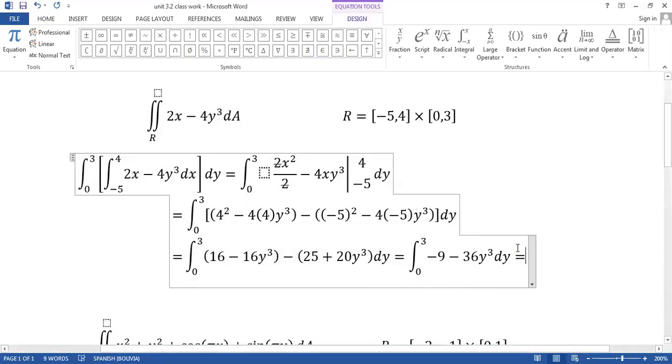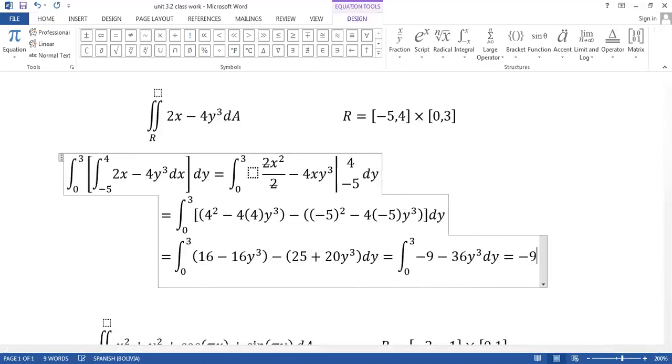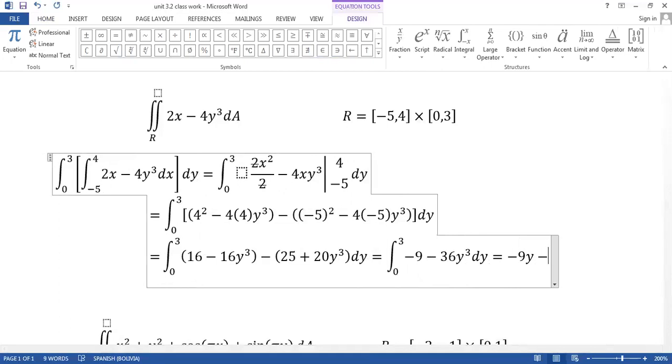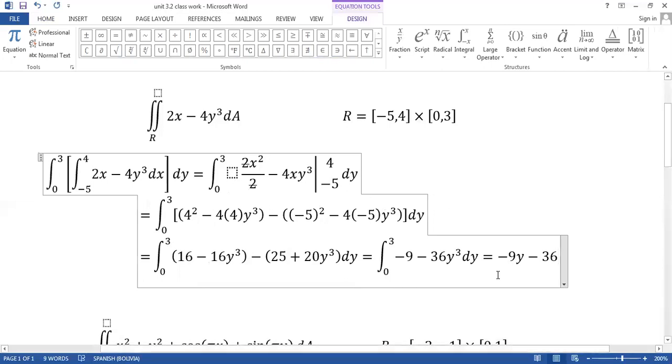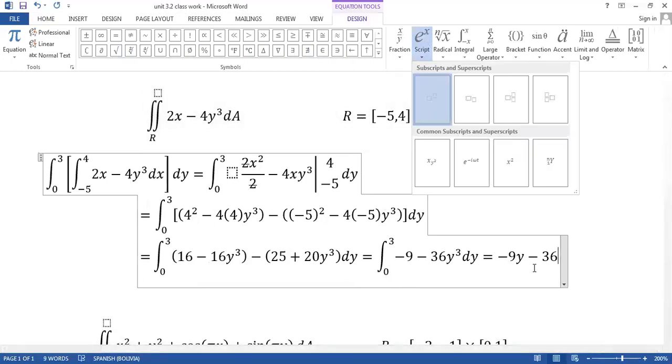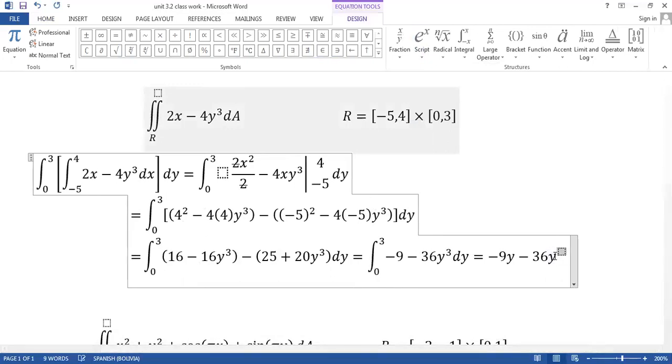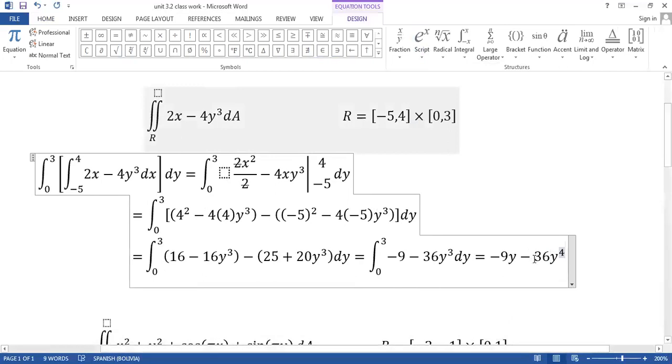So that would be negative 9y minus 36 y to the 4th, all over 4.